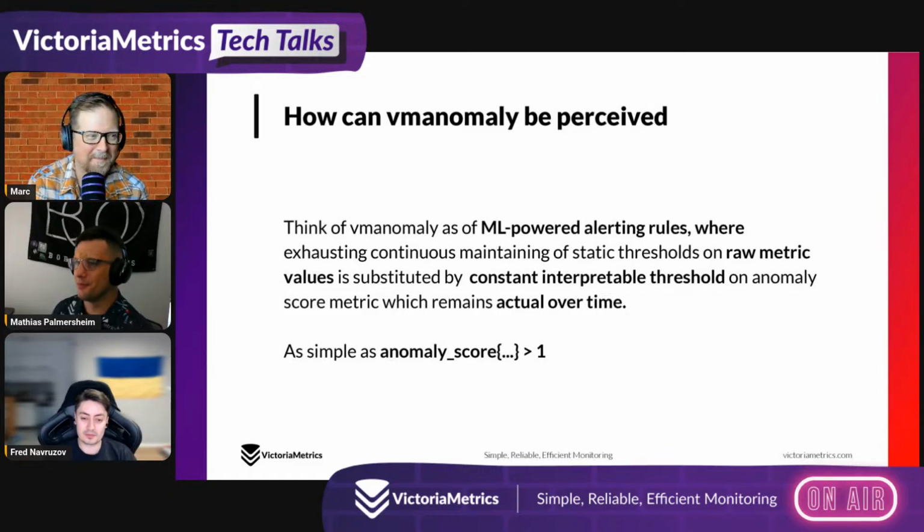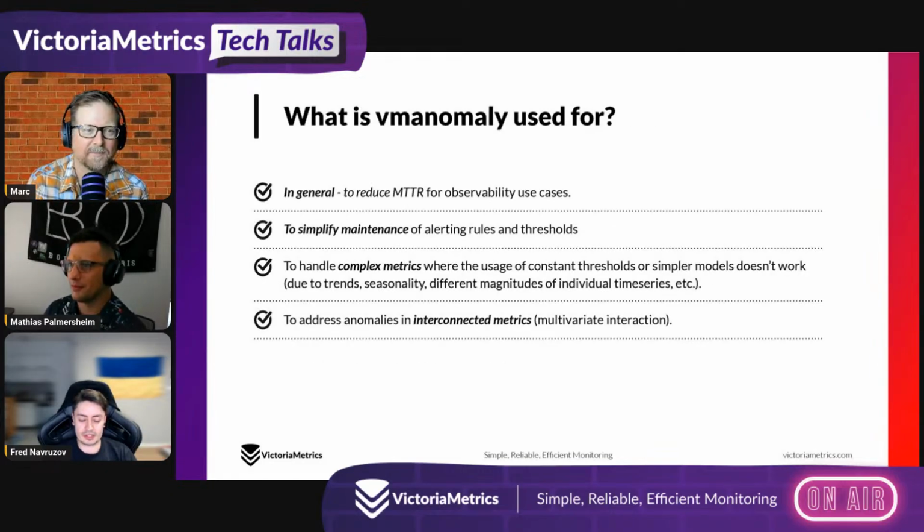Yeah, so basically, and that's what is on the next slides, vmanomaly itself produces a metric called anomaly score, as well as some other metrics, but anomaly score is at its core. Anomaly score is a metric which has float values from 0 to plus infinity.